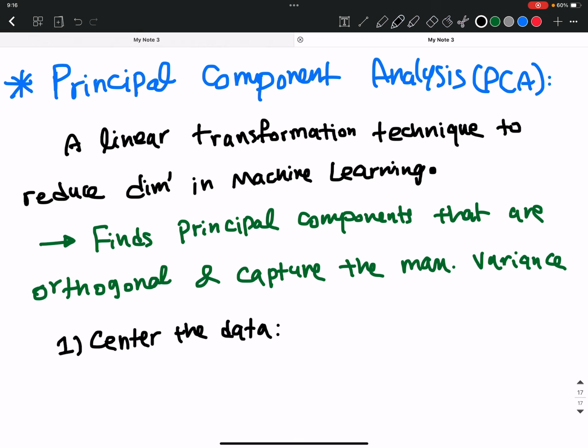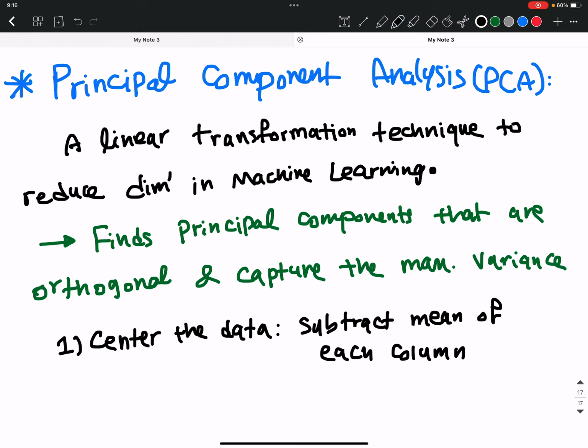What does that mean? You subtract the mean of each column, or the average of each column, of your data. Okay, so this is the first step.